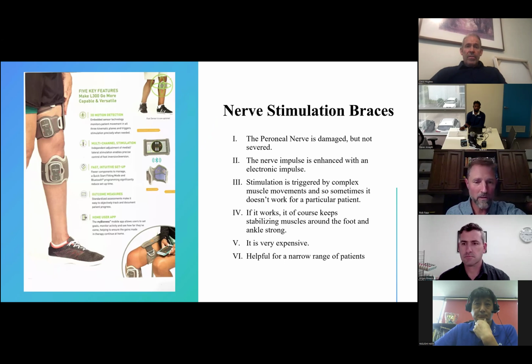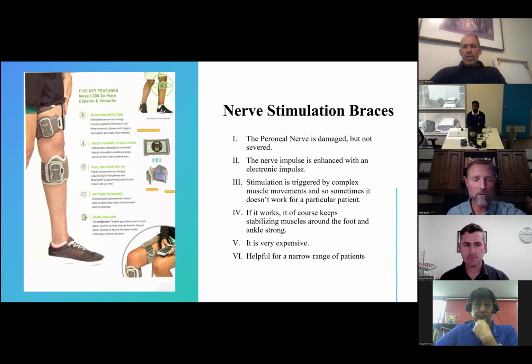Many of them are bulky. You can see in the picture at the bottom of the stimulation, they often have a fairly large size and require a little bit of work to get the coordination for gait, so that it happens during the proper phase, the stance phase or the swing phase of gait. But at the same time, once they get function, or if they work well, patients are very happy with these.